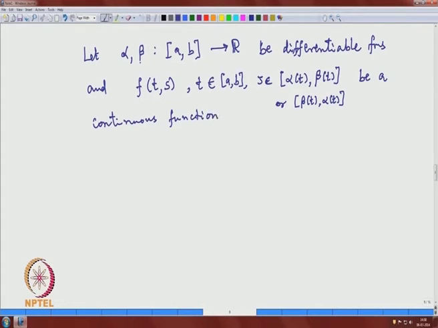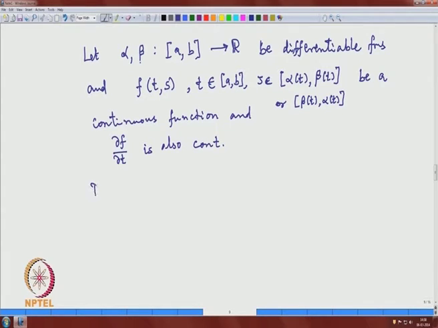of both the variables, and I am just taking the partial derivative of f with respect to the first variable, which is also continuous. So, since we are essentially using Riemann integration, these hypotheses are needed. Okay. So, these are the hypotheses on these functions alpha, beta and small f.